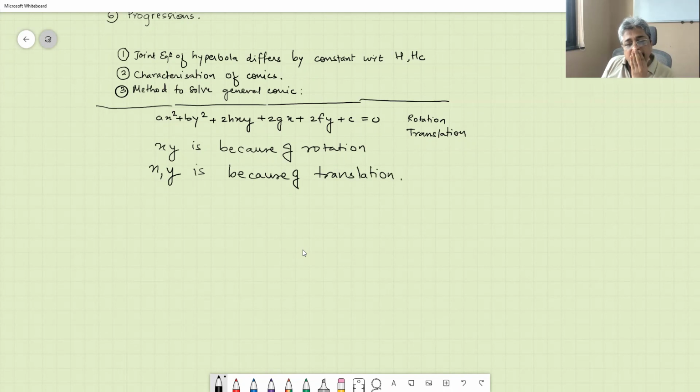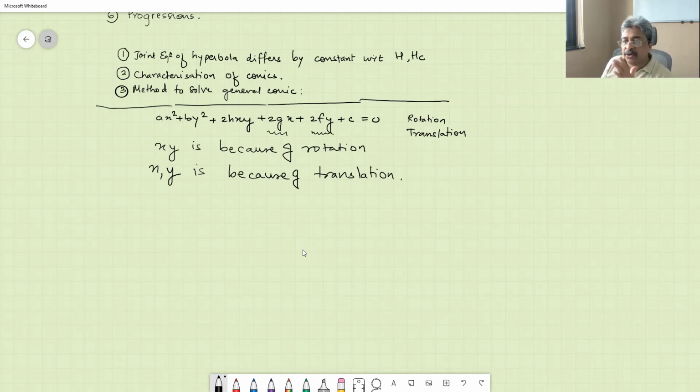Obviously, when you try to complete the square, you have x plus constant bracket square and y plus constant bracket square, and that generates those linear terms.